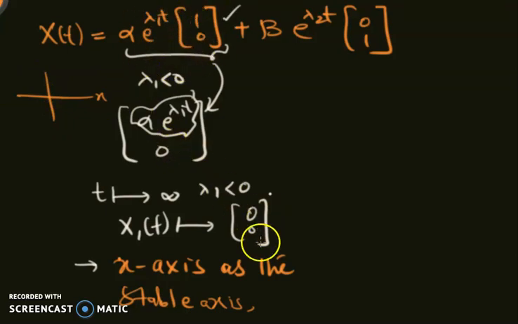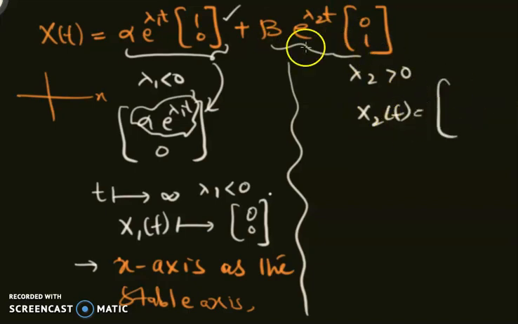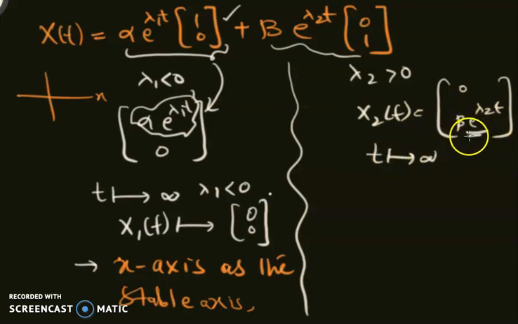Okay, 0, 0 origin. On the other hand, you can see that lambda 2 is greater than 0, and our solution x2 of t is roughly 0, beta times e to the lambda t. As t goes to infinity, this quantity, being lambda positive, will diverge towards plus infinity, provided beta is positive.